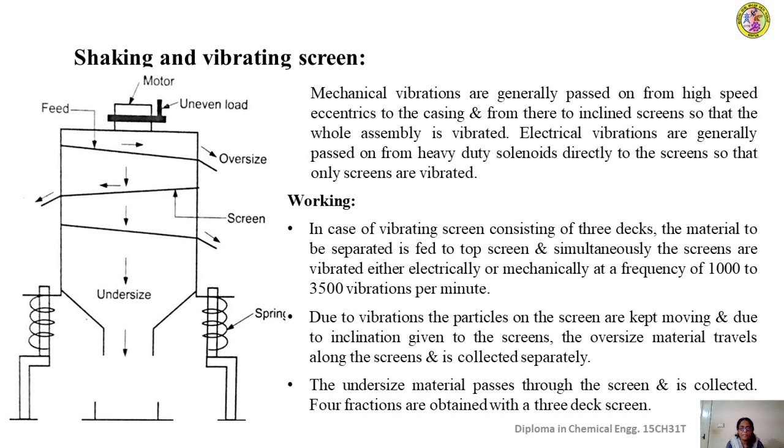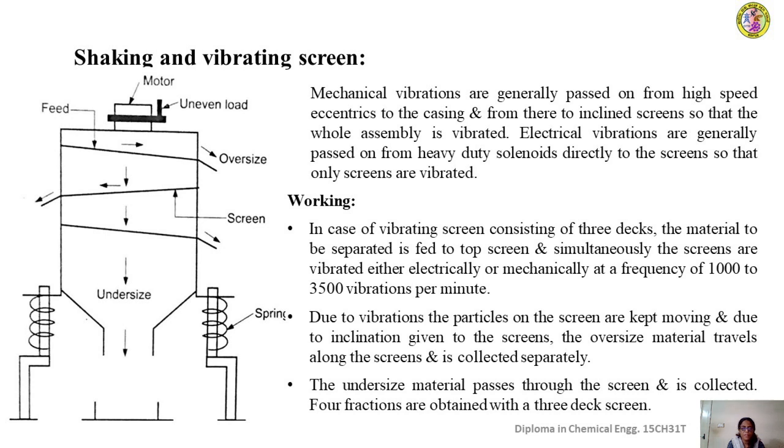Whereas electrical vibrations are usually passed on from heavy duty solenoids directly to the screens, so that only screens are vibrated. So that is a difference between electrically vibrating screens and the mechanically vibrating screens.